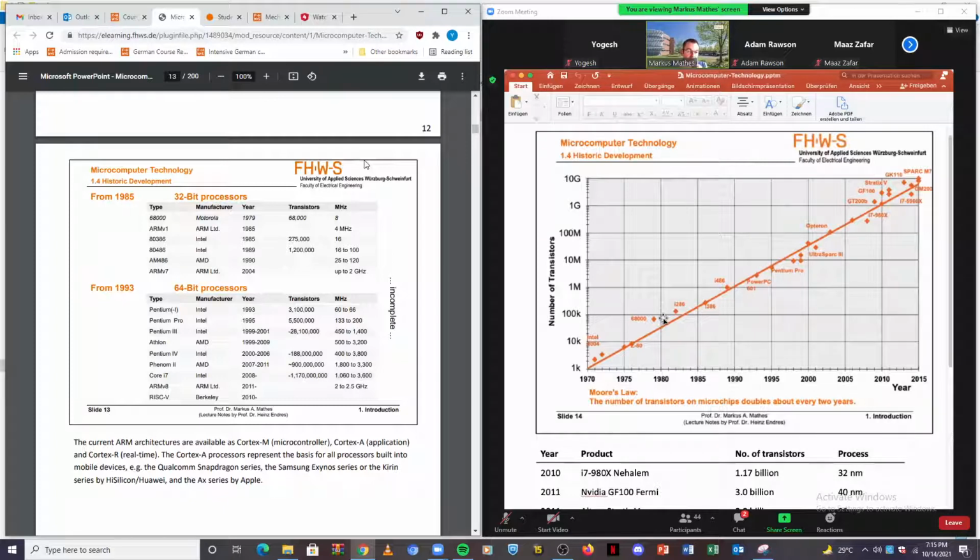Also, the heat increases, so the component becomes hotter, and then we are running into physical problems. So at the moment, it seems that we will reach the ceiling in the next years, and you as a consumer, as a user, you will recognize this.